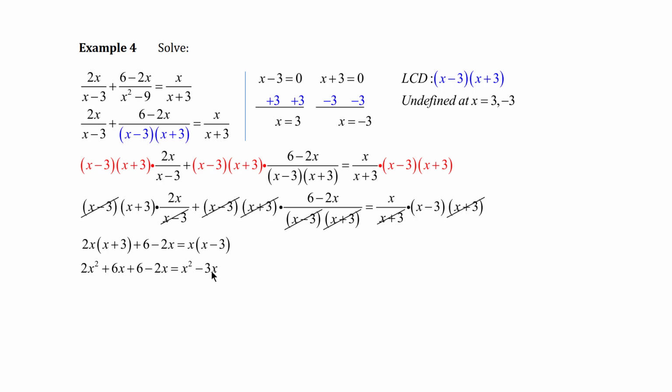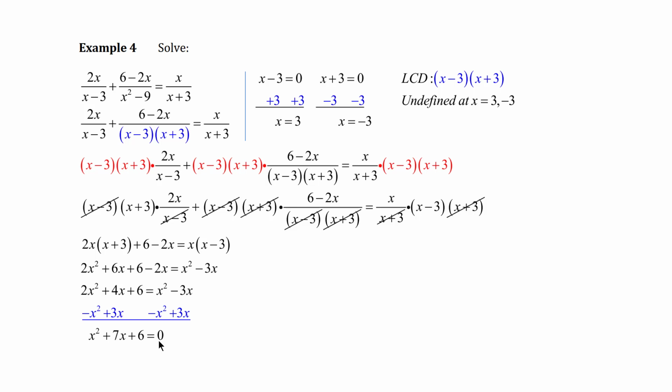Next, we combine like terms on the left-hand side with the 6x and minus 2x, which is 4x, and we bring down the other terms. The result is 2x squared plus 4x plus 6 equals x squared minus 3x. Next, I subtracted x squared from both sides, and I added 3x to both sides. The result is x squared plus 7x plus 6 equals 0.